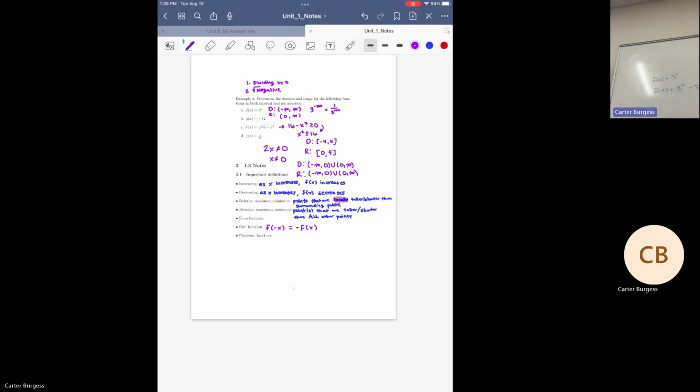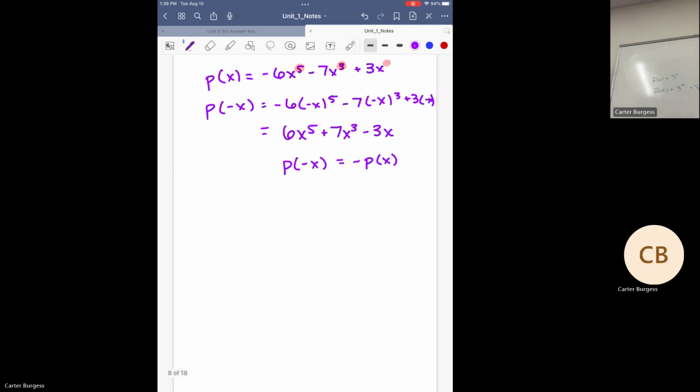We could do the exact same thing. I'm going to tweak my function ever so slightly here. Let's look at an adjusted version of this polynomial, where I'm just going to drop the power of everything that we see here by 1. So instead of -6x to the 5th, let's consider what's going to happen with -6x to the 4th. We'll look at -7x squared, and we'll look at plus 3.